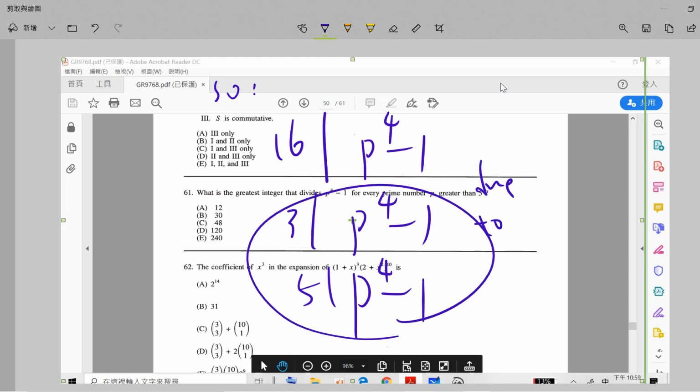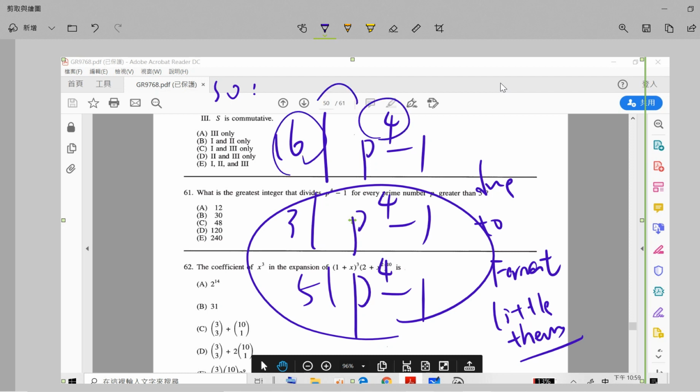These two are due to Fermat's little theorem. Maybe you can still use this to prove it. Can you use Fermat's little theorem to prove this? Because 5 of 16 is 16 minus 12. Let me see, is it correct?